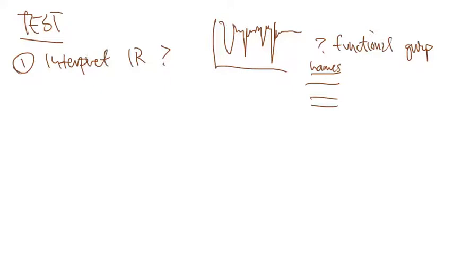And these names of compounds you will have to match. So I won't say ketone, aldehyde, alcohol, but I'll give you the exact compound name, ethanol. And you should know that that's an alcohol. And then you should know that you should look for that particular thing in the infrared spectrum. So number 1, interpret the infrared.